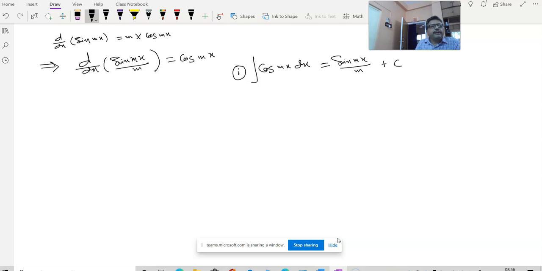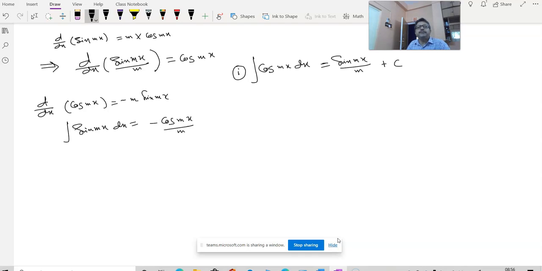Now, derivative of cos mx, you know, is minus m sin mx. If we do similar manipulation, integration of sin mx dx can be written as minus cos mx by m.